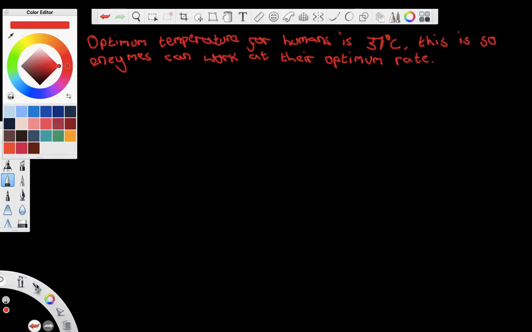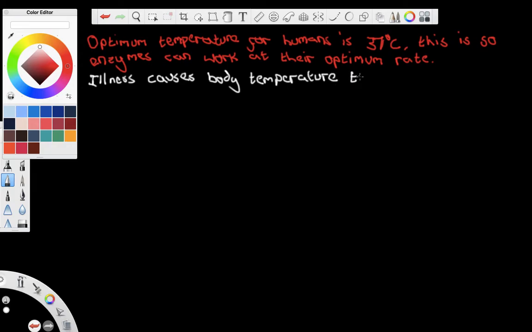So we can just say underneath here, because it's not that important, but we will add it out of interest, that illness causes body temperature to rise as high as 40 degrees Celsius, but at 42 degrees Celsius, death can occur.